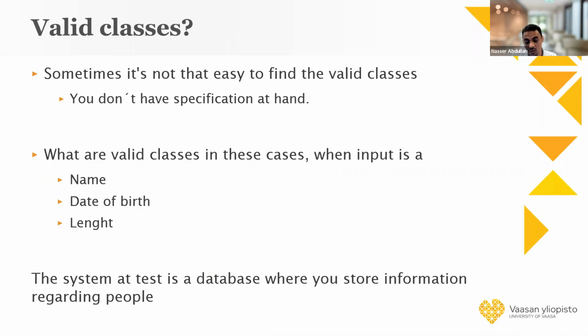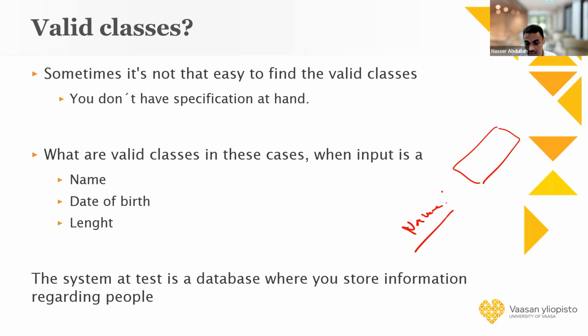Sometimes it's difficult to find or divide the range of your input into valid and invalid partitions. For example, if you have the name or the birthday, it's really hard if you don't write your requirements well.